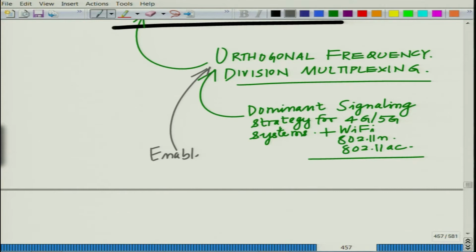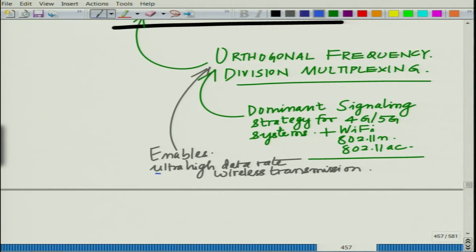In fact, I might add, ultra high. This OFDM enables ultra high data rate wireless transmission, and naturally this is key in modern cellular networks as well as Wi-Fi, and the IFFT and FFT operations play a very important role in OFDM, and that is what we want to understand.